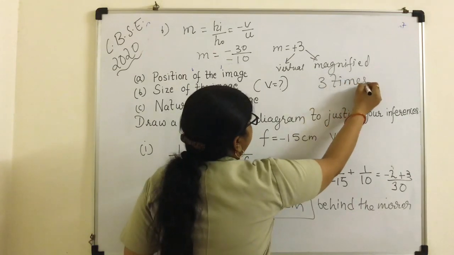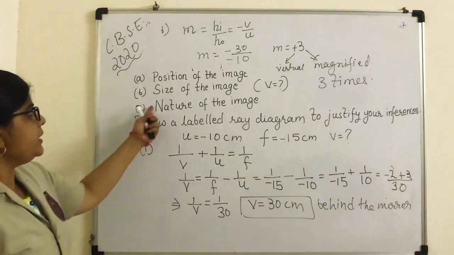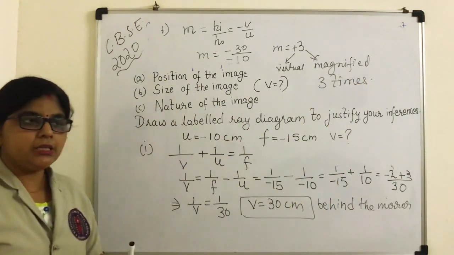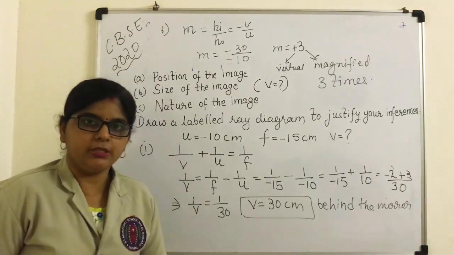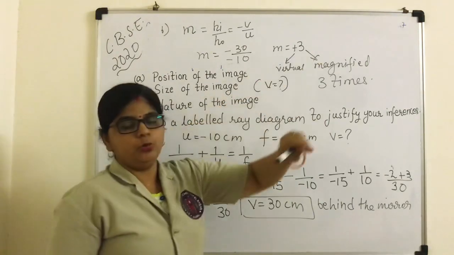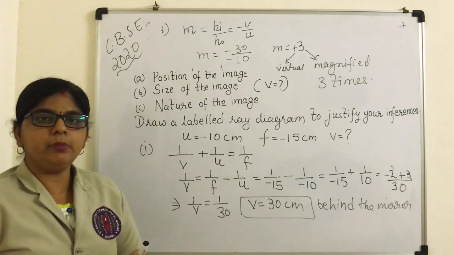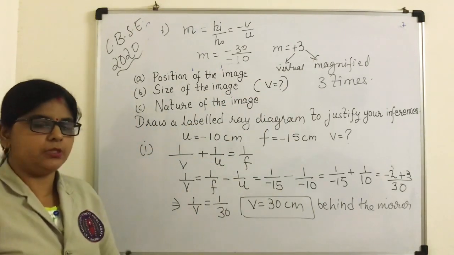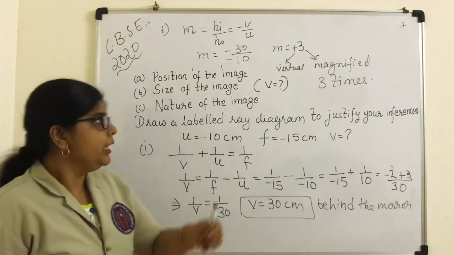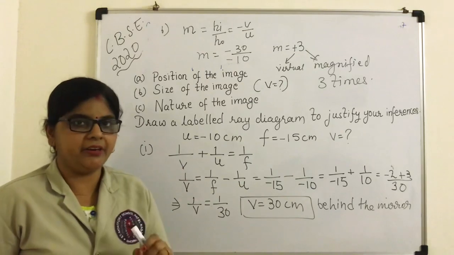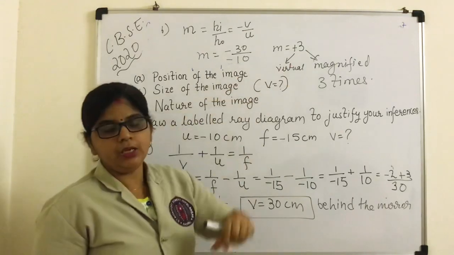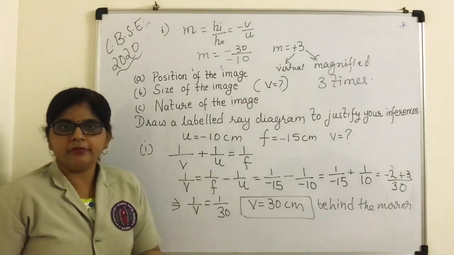So image is 3 times the size of the object. Had it been plus 2, the size of the image would be 2 times the size of the object. Plus indicates virtual, minus indicates real. That is how we interpret magnification.